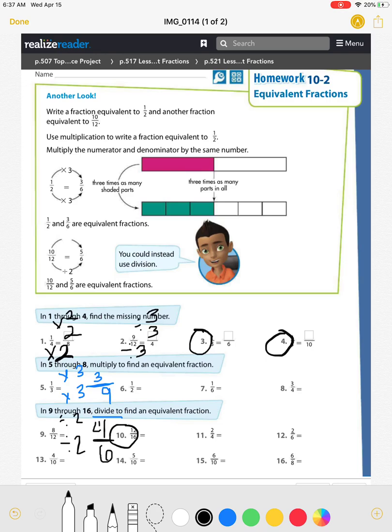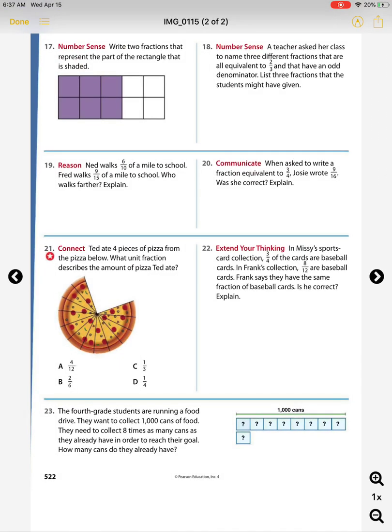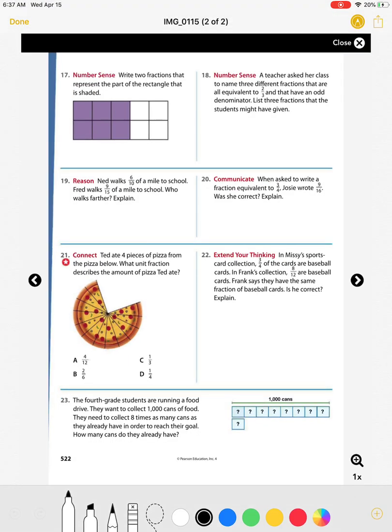So 8/12 is equal to 4/6. When you're done with this, on the back, you're going to do 17, 19, 21, and 23.